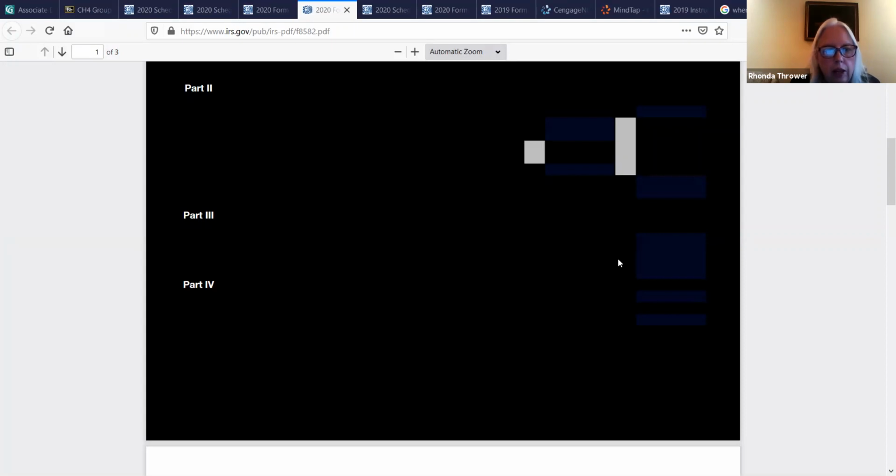All right, and then line 7 says enter the modified adjusted gross income, but not less than 0. And to figure this, you really need to have started your 1040 form. You need to know that you had some wages of 9,800.